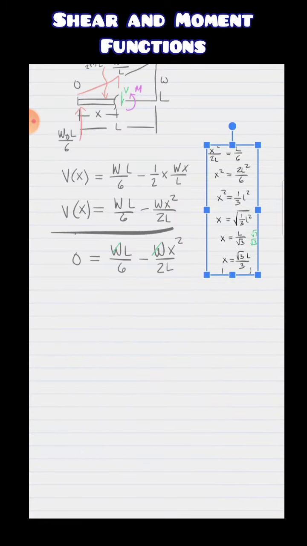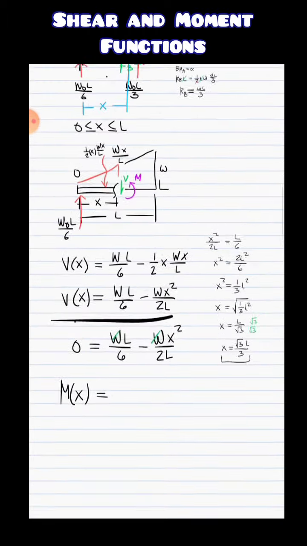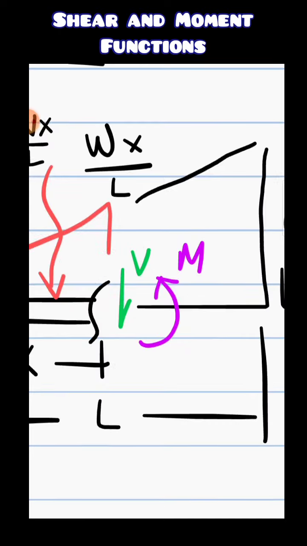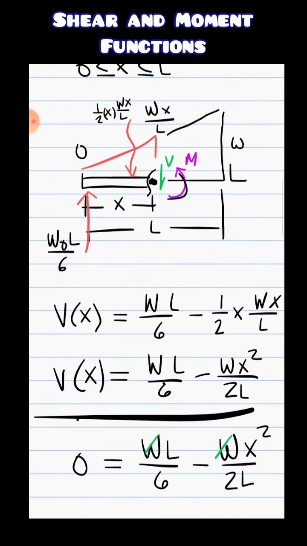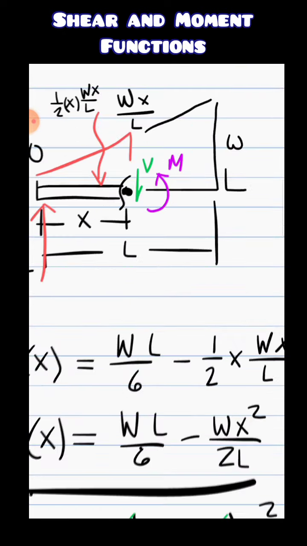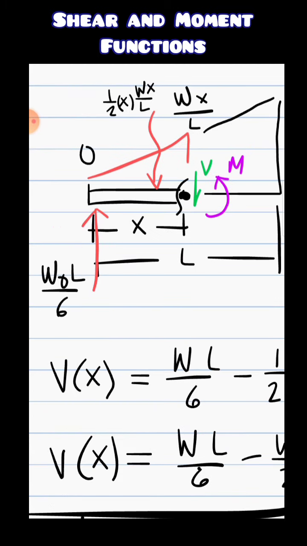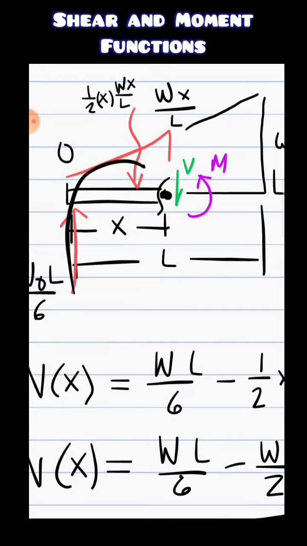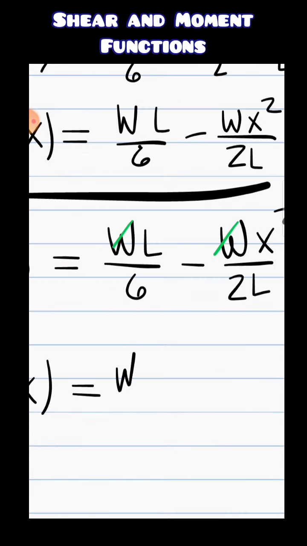For the moment function, we take moments about this point right here of our shear. Just take note, our moment is counterclockwise. So all forces that cause the opposite of this, clockwise, will be positive on the other side.